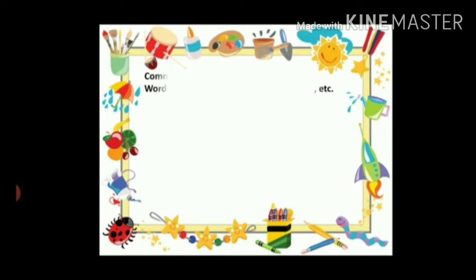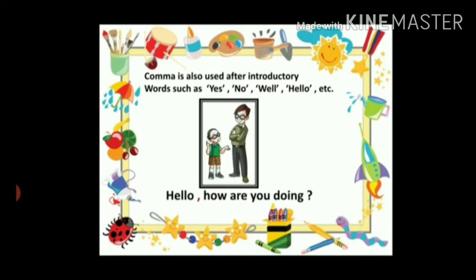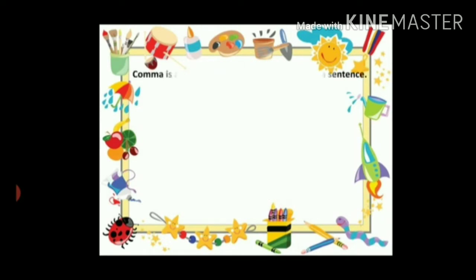A comma is also used after introductory words such as yes, no, well, hello, etc. For example, hello, how are you doing? Now, the next rule is, it is also used for giving a short pause in a sentence.